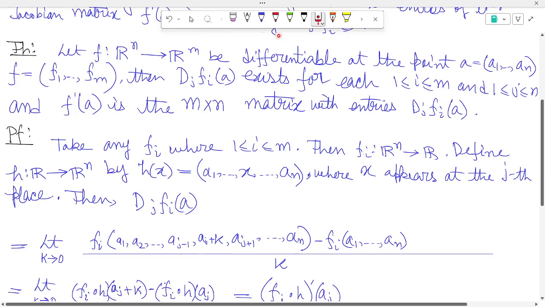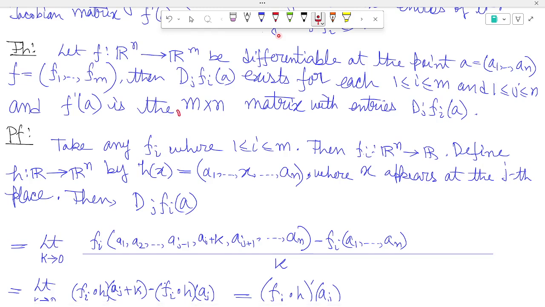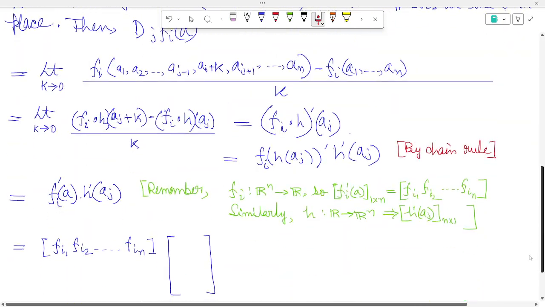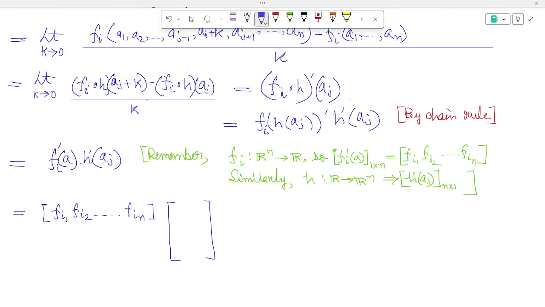And from that formula, f is a function from Rn to Rm. So that thing will be df1 and df2, which I told earlier. The first column will be the component of the first derivative, the second row will be the second derivative component. In this thing, the first derivative will be 0, so the jth position will be 1. Every other thing will be 0. At the start of the theorem, what I told.